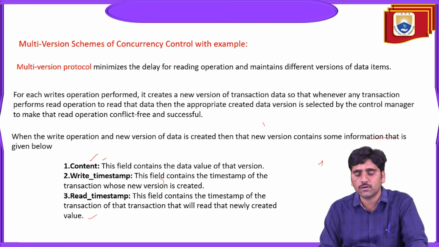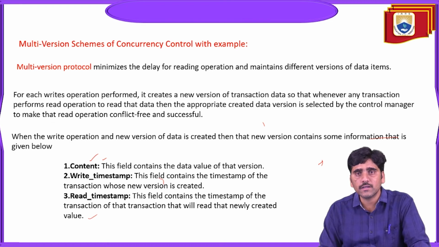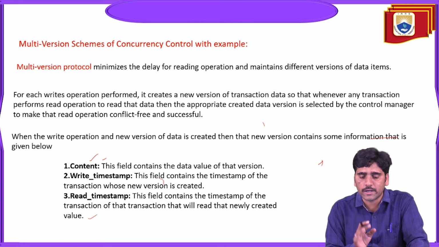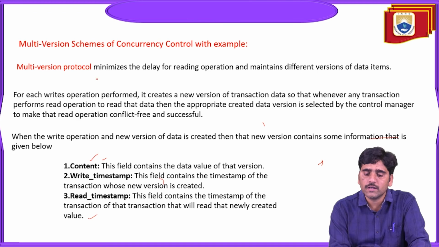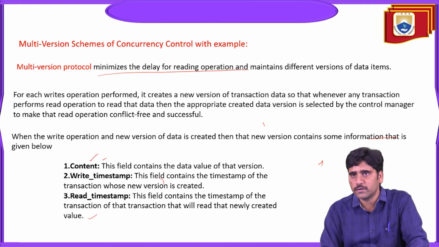In the multiversion protocol, a new version is created for the data items for read and write operations. It does so because it minimizes the delay for reading operations and maintains different versions.